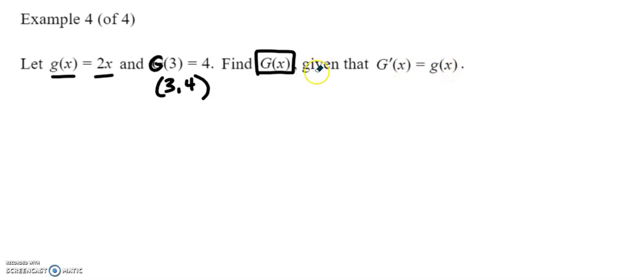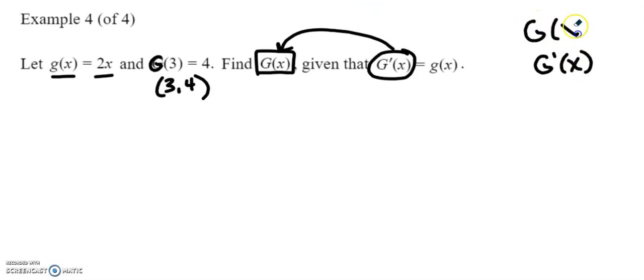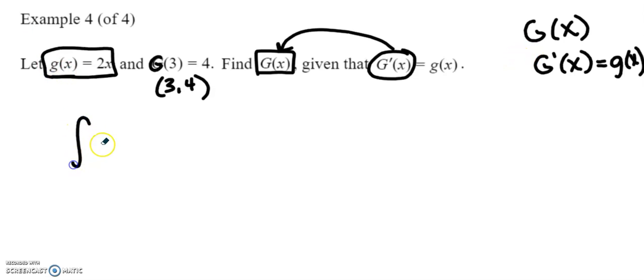Okay. Well, I know that if I was given G prime, I could go backwards a layer to get G, right? If we think about our list of functions, it tells me that G prime is equal to just little g. Well, little g was 2x. So if I take the antiderivative of 2x, I get x squared plus c.